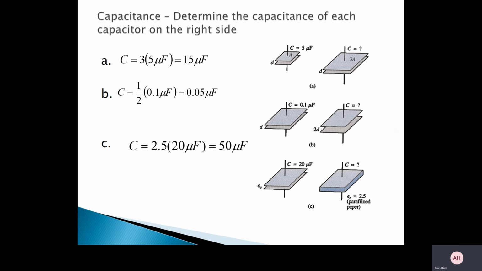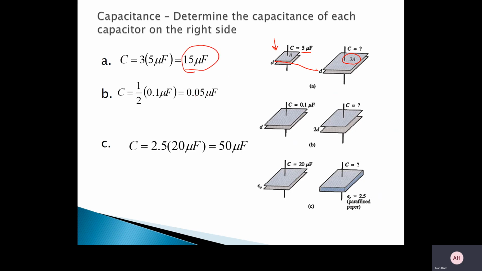So we'll review that on the next slide. Let's say this first capacitor, under letter A, is 5 microfarads, because I have some area A here and some distance here. If I increase the area by 3 times, but keep the distance between the two plates the same, then I've increased the capacitance by 3 times. It's now 15 microfarads.